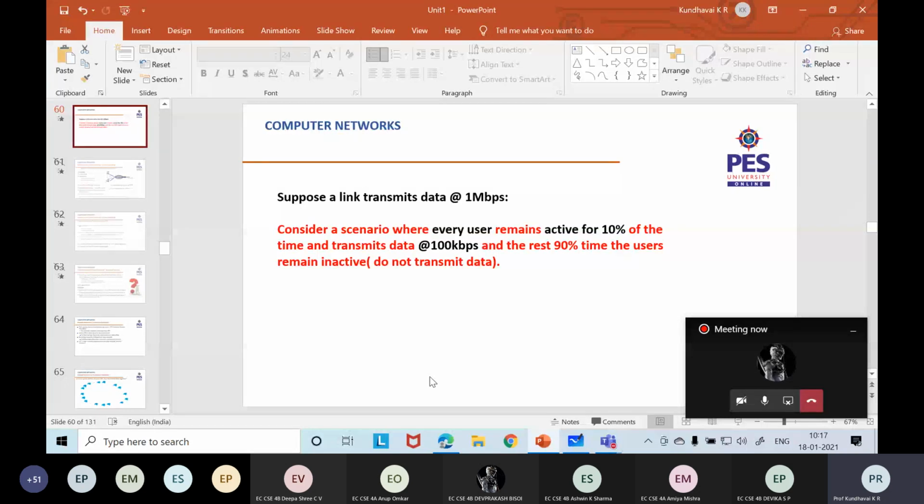Consider a scenario where every user remains active for 10% of the time and transmits data at 100 kbps, and the rest 90% of the time the users remain inactive. If I say active, it means that they are transmitting data, or they are using the link. When I say inactive, they do not transmit data. They remain idle. So with respect to this scenario, we are going to see what happens with the circuit switch network and what happens with the packet switch network.